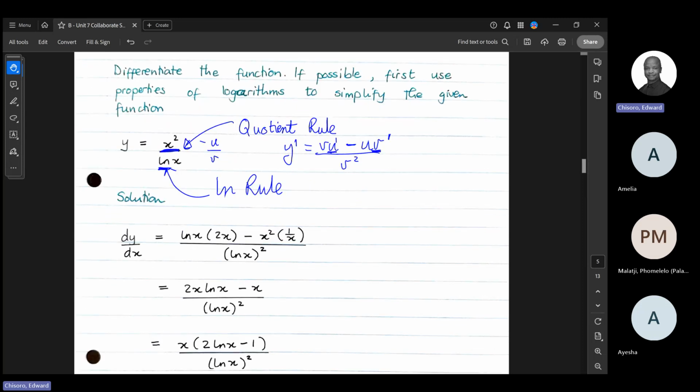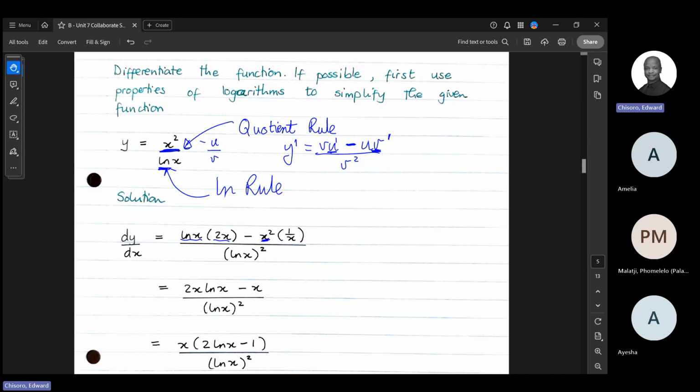So we notice that in our numerator for y prime, for dy/dx, we're going to have v. v is just linear x, so we write x times u prime. We differentiate x squared and we get 2x, minus, we take u as it is, x squared, times we differentiate v, which is differentiating ln x.